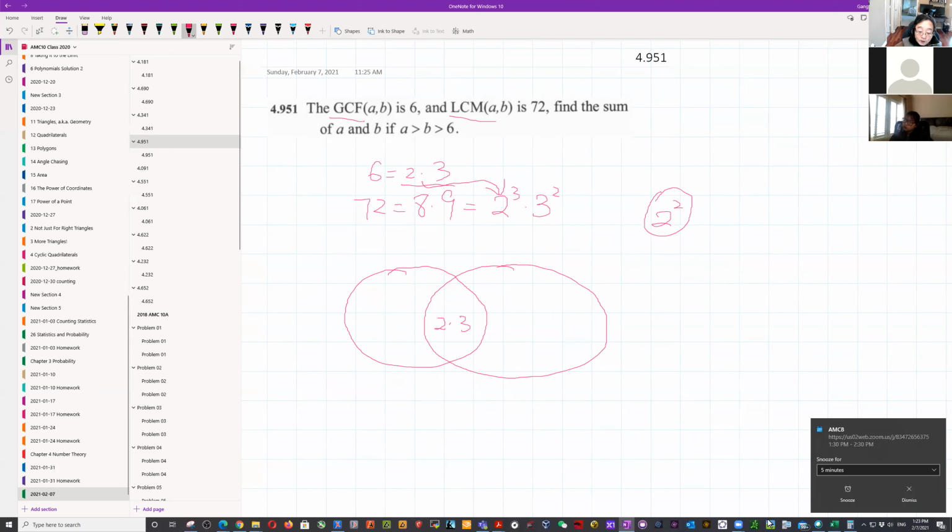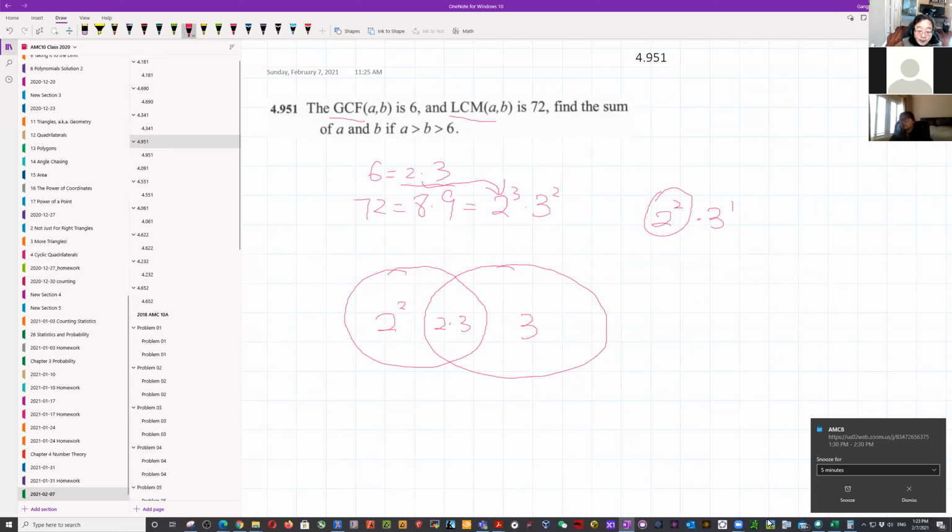If it belonged to both sides, it would combine into the middle intersection. So this side has 2 squared. And comparing 3 of the GCF and LCM, I'm missing an index of 1. So for the private factor 3 to the first, I need to put it on the other side.